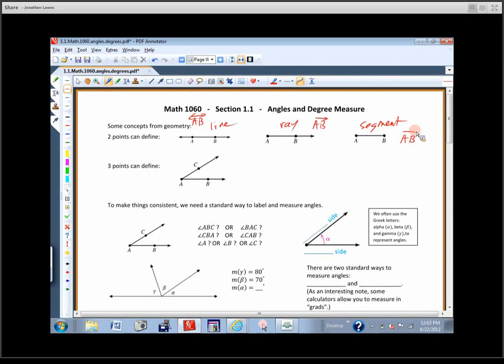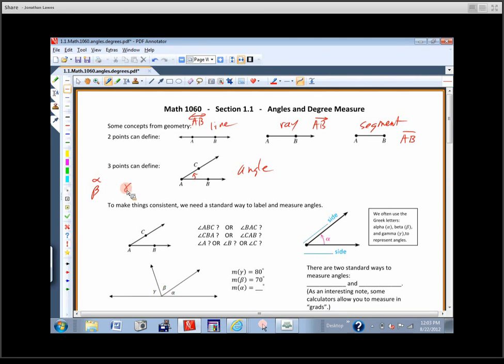If you've got three points, then you can define an angle. Now this angle usually is the small inside part. It's usually this guy right here. So we start with this side right here, end with this side right here. This is usually what we call the angle. Now we use lots of Greek letters in this class. We use alpha, and we use beta, and we use gamma.